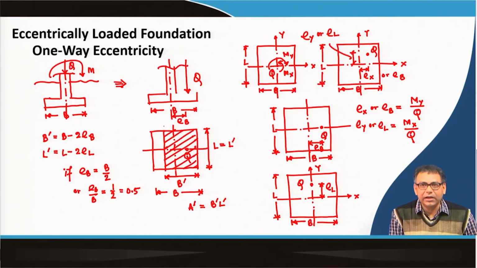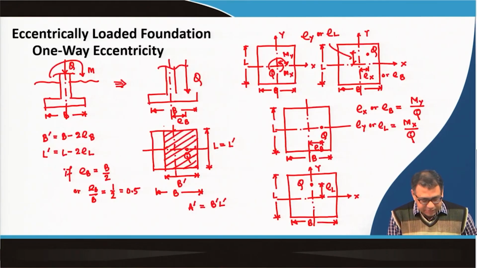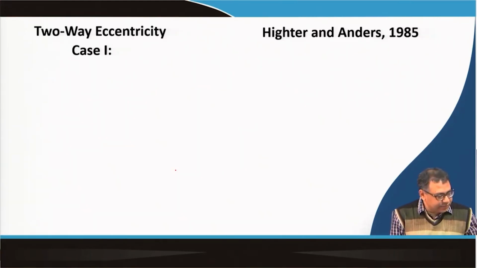So, theoretically I can write that the maximum limit of E b or E L is half of the width or the length. Now, here I have given four expressions, four cases.